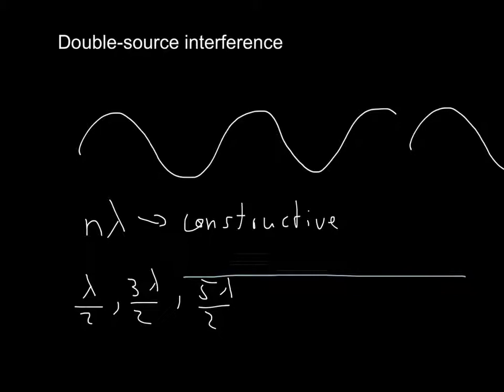For any odd number of halves of a wavelength, I will have destructive interference. And we can express this more easily as n plus 1/2 times lambda. So for any integer n, a path difference of (n + 1/2) times lambda gives destructive interference. This is the only thing you need to know to solve any interference problem.